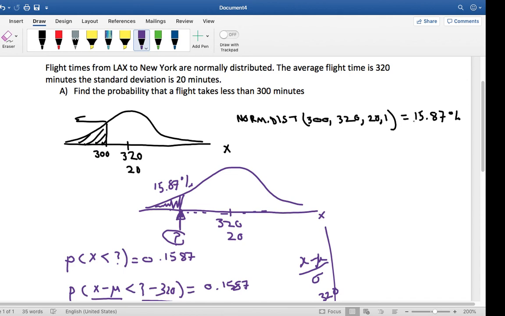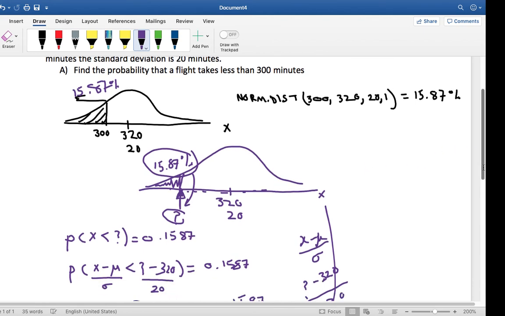And the answer was 15.87, which was actually 0.1587 or 15.87%. But this time, the second question I asked you just below, I said, if this is 15.87, then what is this flight time in here? And it's got to be 300. I asked you the same question in reverse or in inverse.